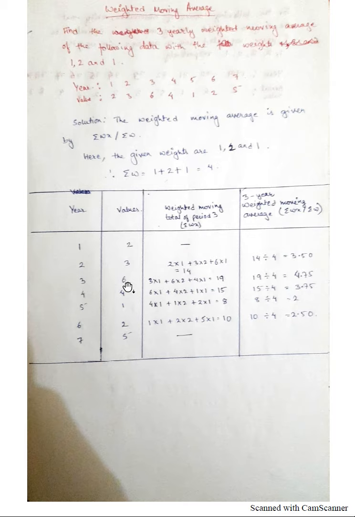For 5-year moving total, similarly you will have 5 weights given in the question itself. What will you do? This into first weight, plus this into second weight, plus this into third weight, plus this into fourth weight, plus this into fifth weight.